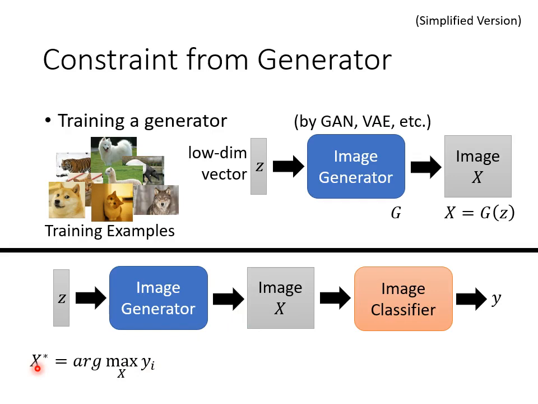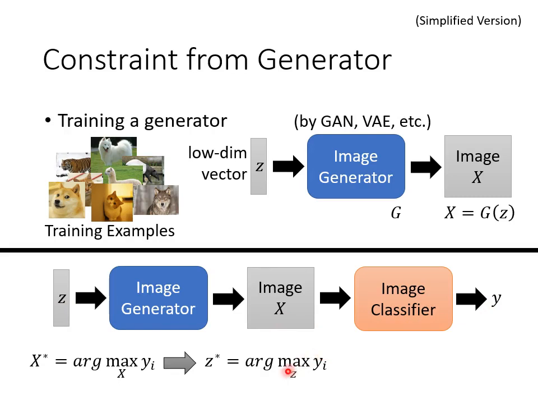Then, we just saw that, by doing this, you can't achieve good results generally. Now, with image generator, the method is different. We are not looking for X now, but we are looking for a Z. We are looking for a Z that generates X through an image generator. Then, we throw this X into the image classifier to generate Y. We hope that the certain category that Y corresponds to gets the highest possible score.